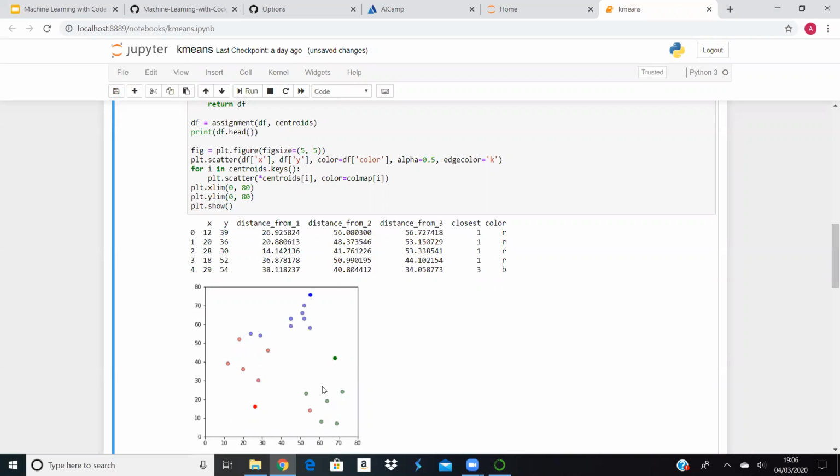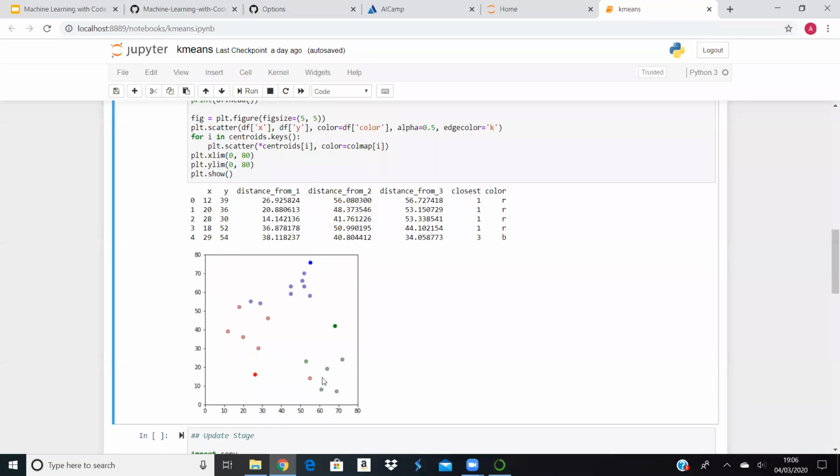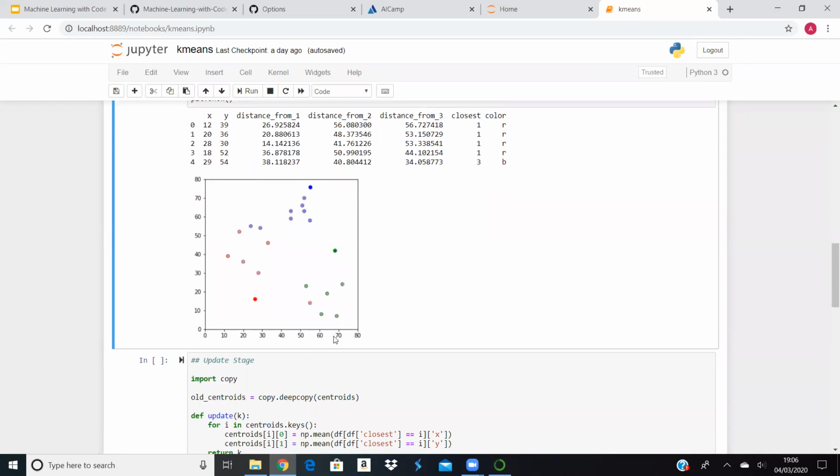So first we found out random means. Then second, we found out the clusters, which are the data points which are closest to them. So even if these clusters are not correct, we at least know for this hypothetical cluster what are the data points which would really be a part of that cluster. So this is also a preliminary stage. Now we go to the next stage.